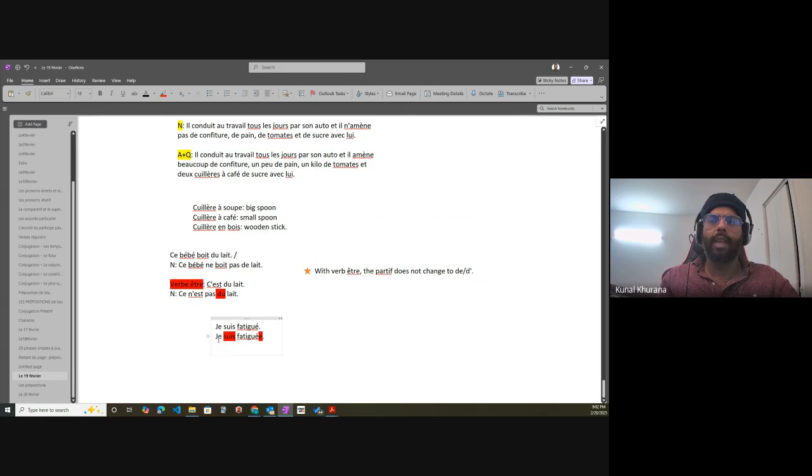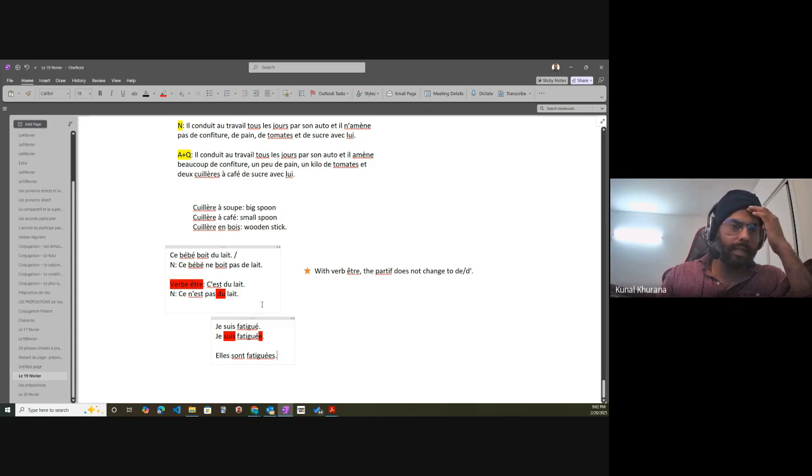Then the concordance happens with the subject. If there were many women in the group, let's say there are two women and they were saying that we are tired, so elles sont fatiguées. So être is always special. When we have être, auxiliary être, we have to be cautious.